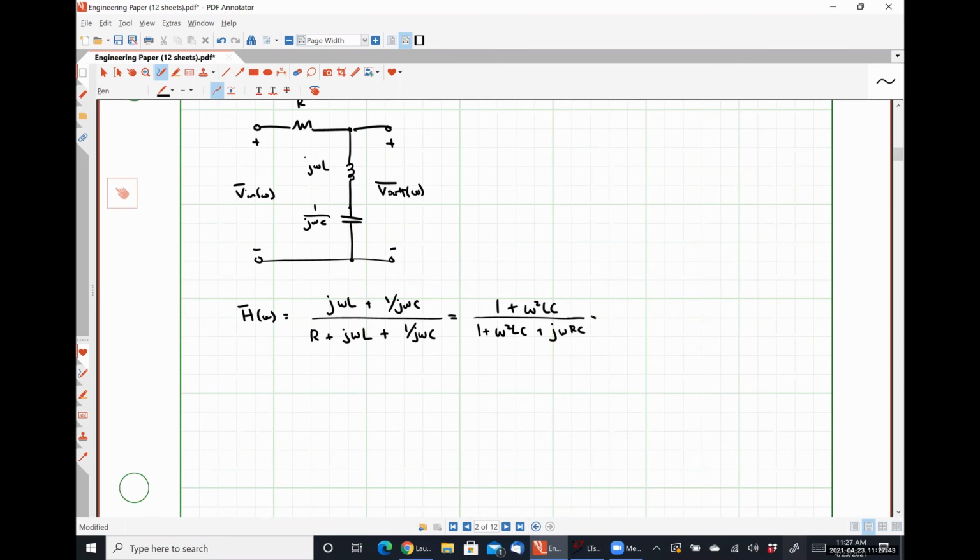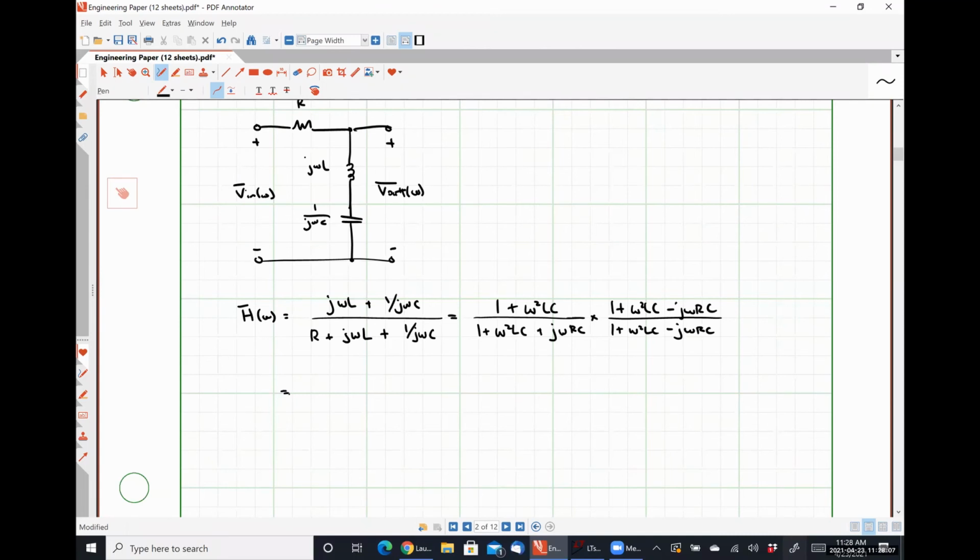We're going to do the exact same thing we've been doing and multiply this by the complex conjugate of the denominator over the complex conjugate of the denominator. So it's going to be 1 minus omega squared LC minus j omega RC divided by 1 minus omega squared LC minus j omega RC.